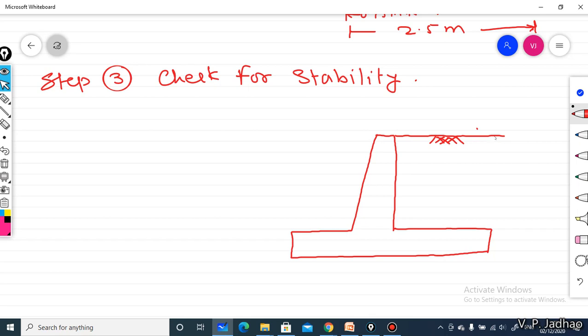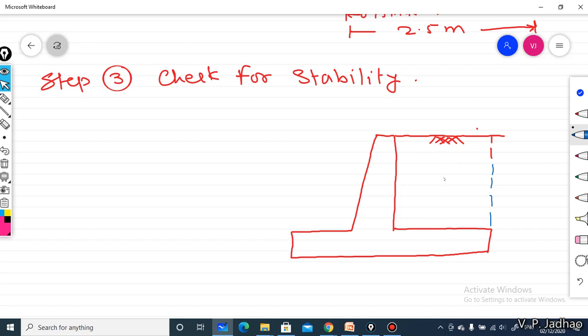The first resisting force will be the weight of this soil mass, which is acting over this heel portion. This will prevent the overturning.